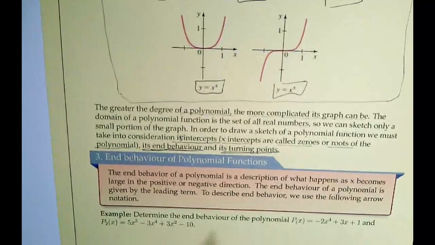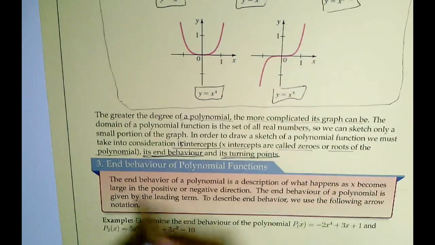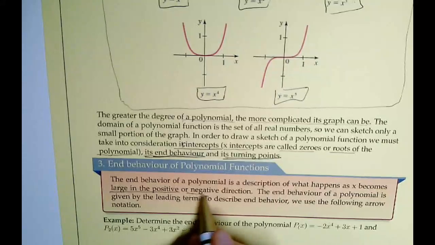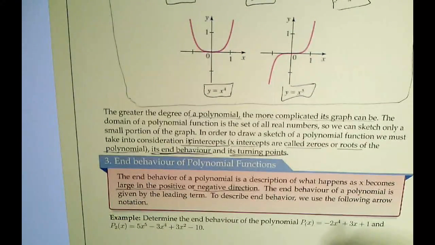So what is the end behavior of a polynomial function? The end behavior of a polynomial is a description of what happens as x becomes large in the positive or in the negative direction. If you recall from power functions, we talked about this before.